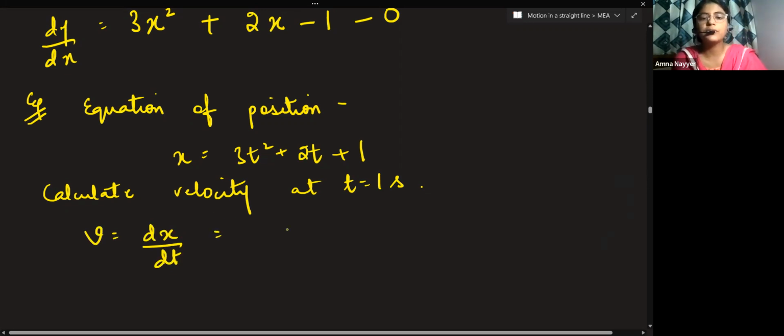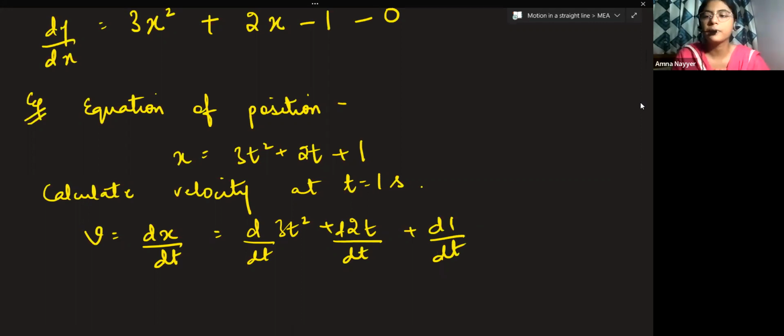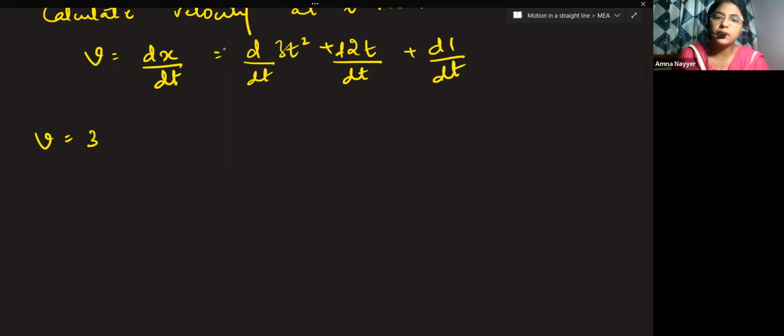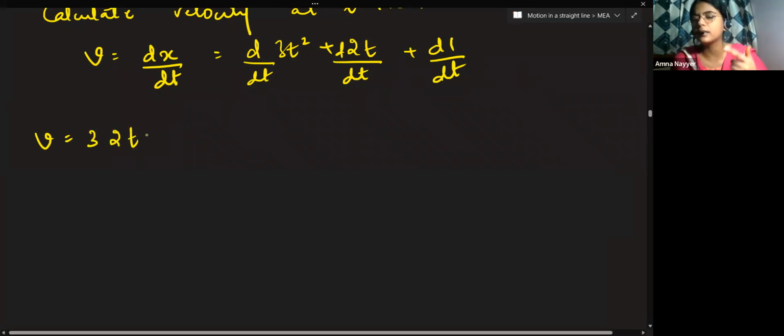When you differentiate it, this is a function of addition because all these are getting added. So this will be d over dt of 3t square plus 2t plus 1. Differentiating 3t square: 2 comes out because it is the power, and t to the power 2 minus 1 gives t.